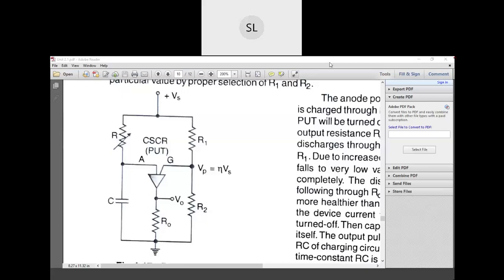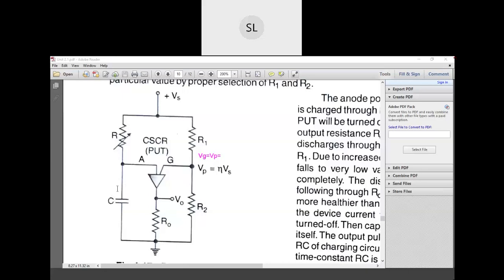the voltage available at the gate terminal of this PUT, VG, is equal to R2 divided by R1 plus R2 into Vs, that is, eta into Vs. As the capacitor charges through R, the voltage across it is the voltage at the anode terminal.